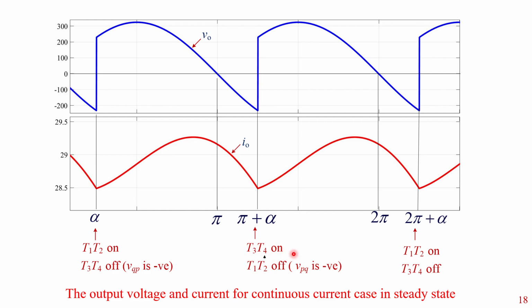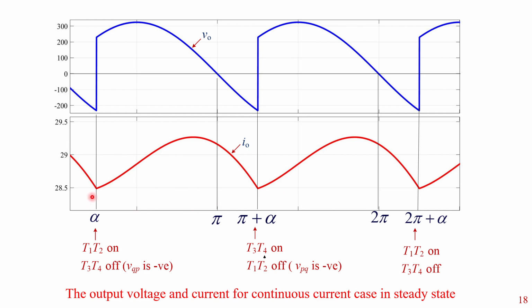When T3 and T4 are on, T1 and T2 are off due to negative voltage across anode and cathode, and again at 2 pi plus alpha, T1, T2 are on, and T3, T4 are off due to negative voltage across anode and cathode. If you look at the current waveform, the current oscillates around an average value.